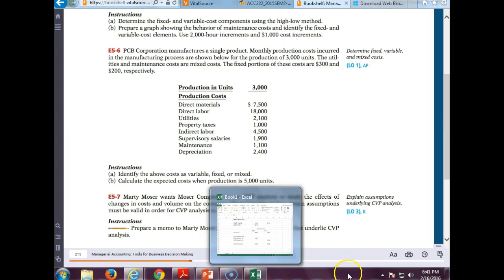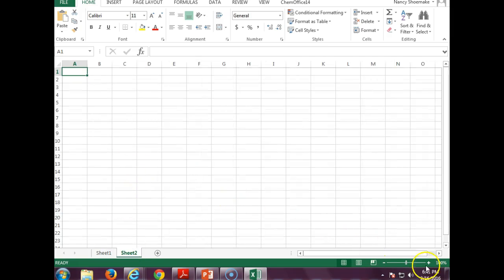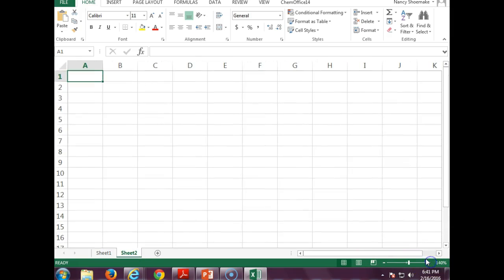Our production is 3,000 units and the various costs, so we're going to have to figure out the costs per unit for some of the variable costs here. So, fixed costs. What are our fixed costs going to be? Here, let me.